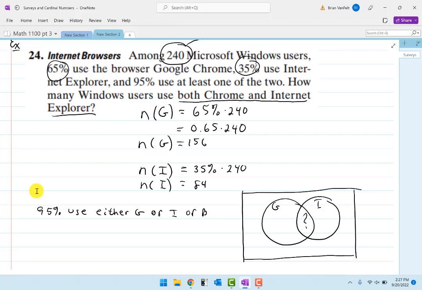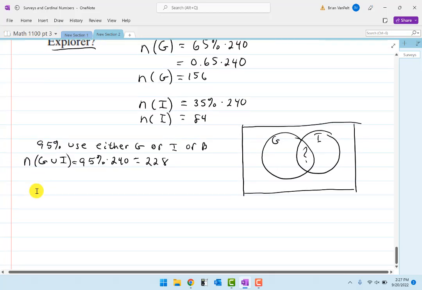What is 95% times 240? That is equal to 228. And guess what they just gave you there? That is the number of items in G union I, and that's 228.